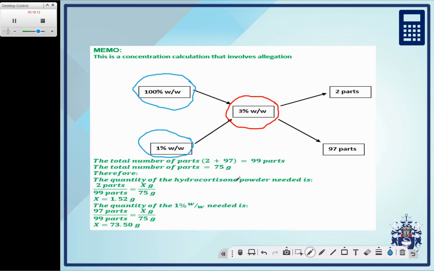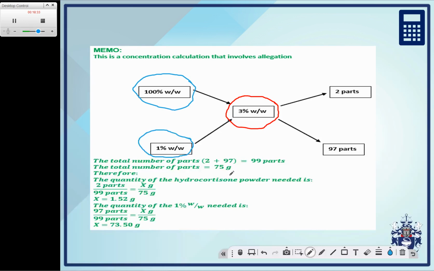The only weight that was given in this calculation was 75 grams. And the 75 grams is the quantity of the 3% weight per weight cream that you have to prepare. So you can equate the 75 grams to the total parts.